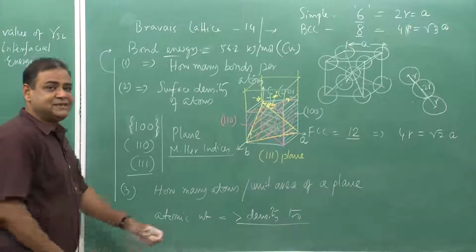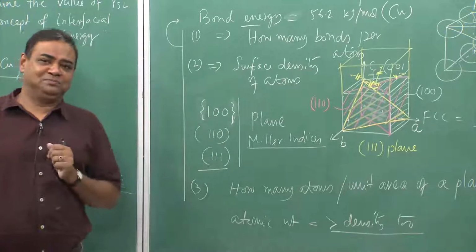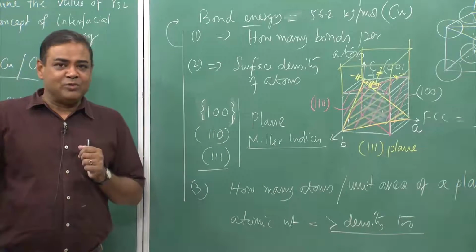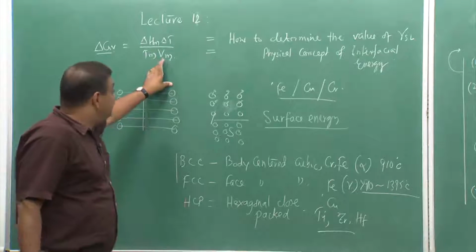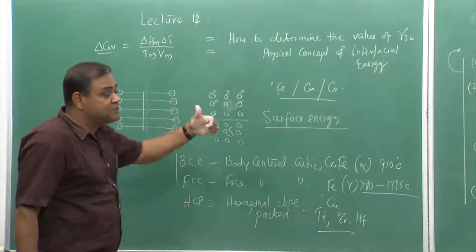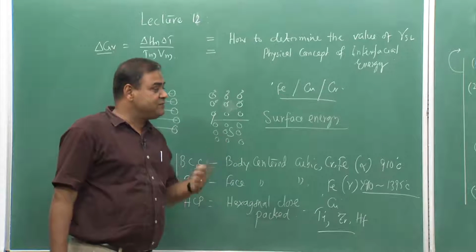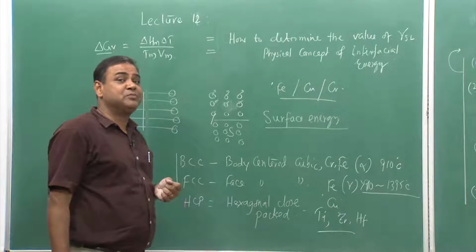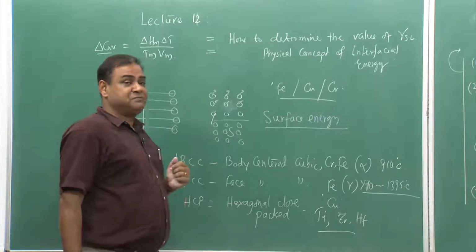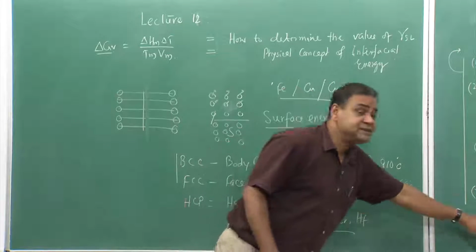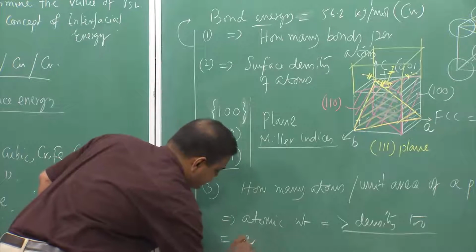And this density would be required to calculate the molar volume, Vm. This Vm can be calculated once we have the information about the lattice crystal structure, and the atomic weight of that particular pure metal. We can calculate Vm from the density, or from the atomic weight and one more piece of information, which is the lattice parameter.